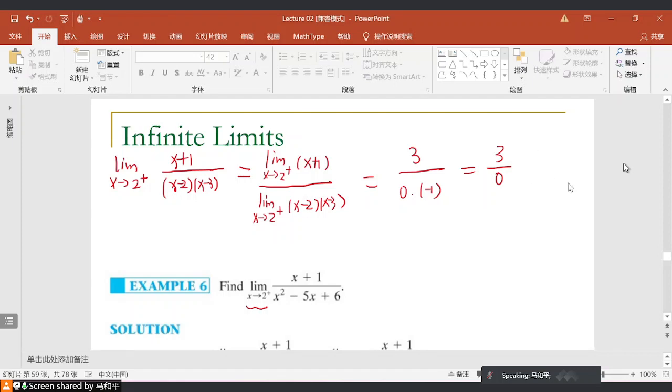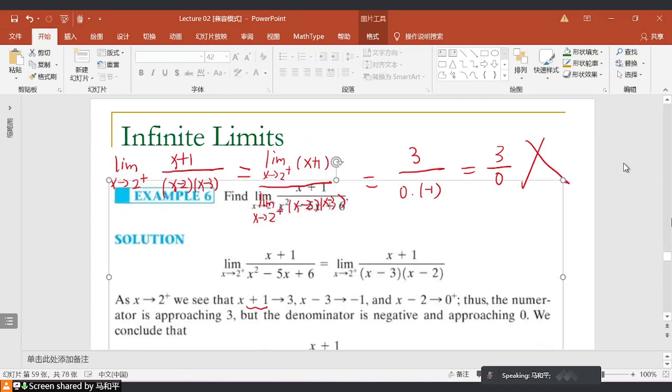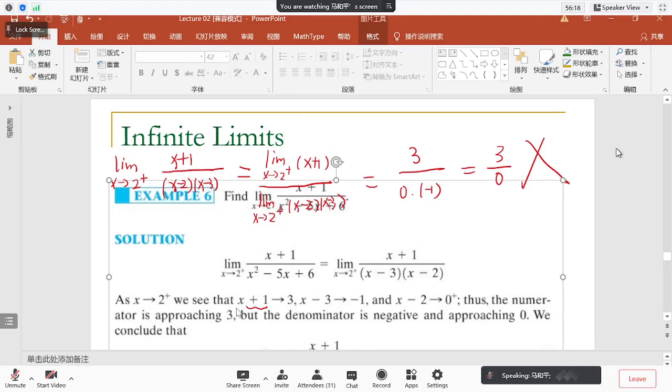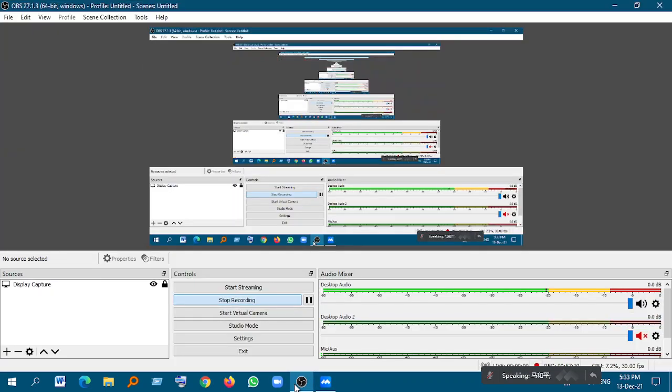So we counteract like this. But how to find this limit? We just analyze it. We know x approaches 2 from the right. The numerator approaches 3, we are sure, right?